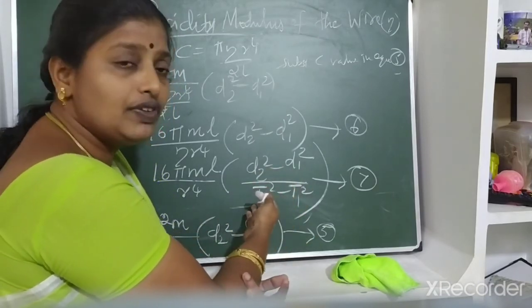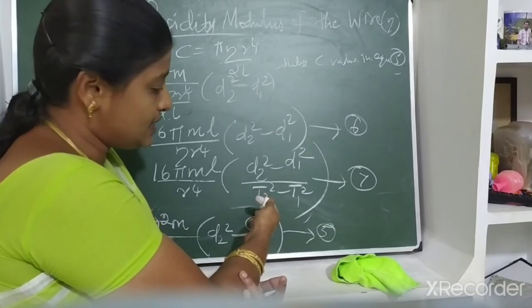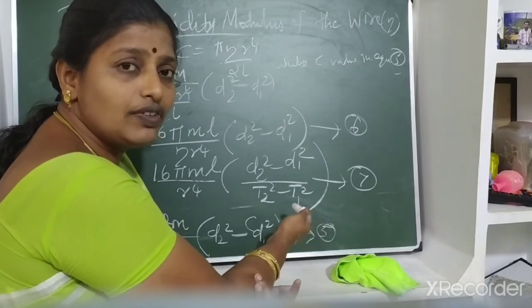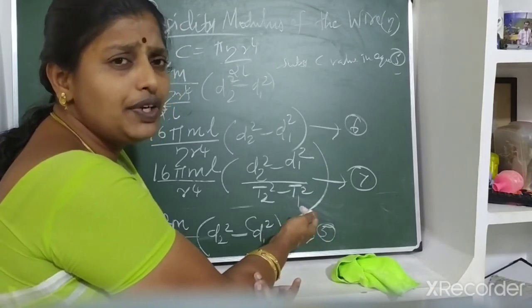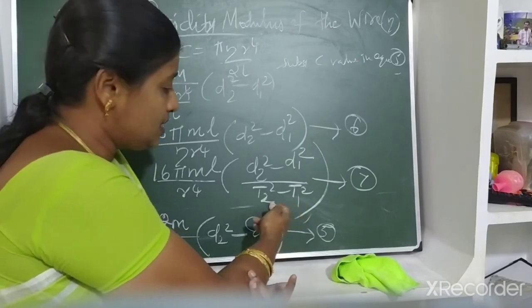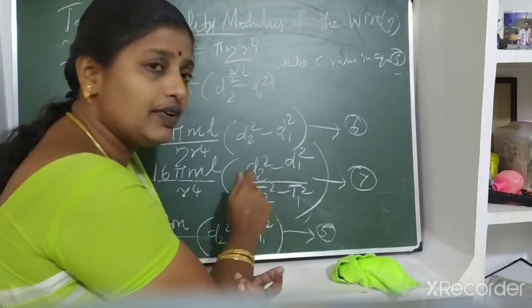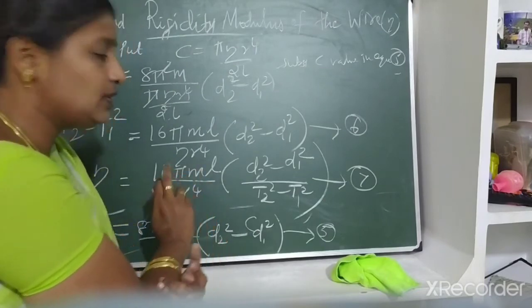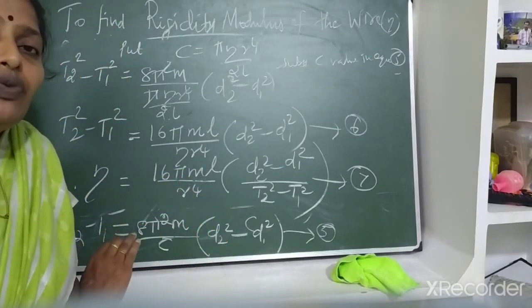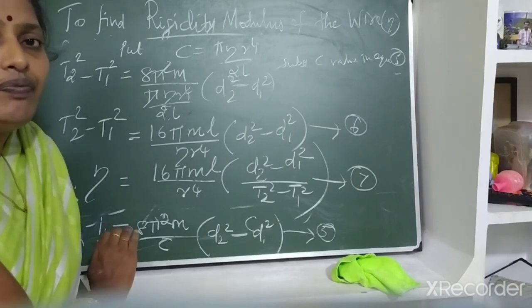For example, T2 was 60 seconds, so 6 seconds, 6 squared is 36, minus T1 squared, for example 52 by 10 is 5.2 whole square. Find this difference, find this value, and then substitute this constant value. You can find the rigidity modulus of the given steel or brass wire.